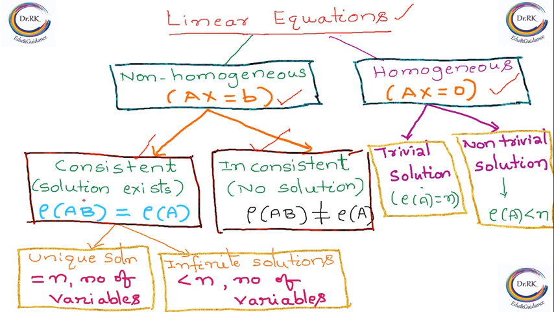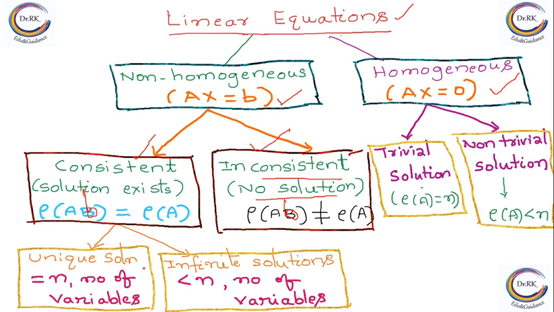If the rank of the augmented matrix equals the rank of A, then the system is consistent, that means a solution exists. If these two are not equal, that is, the rank of the augmented matrix is not equal to the rank of the coefficient matrix, then the system is inconsistent, that means no solution. That is the third case we discussed earlier.